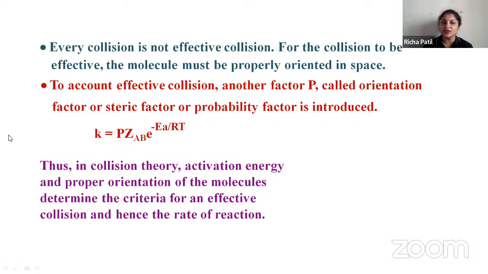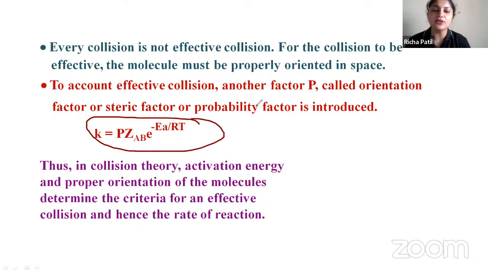In collision theory, activation energy EA and proper orientation P determine the criteria for an effective collision, and hence the rate of the reaction.